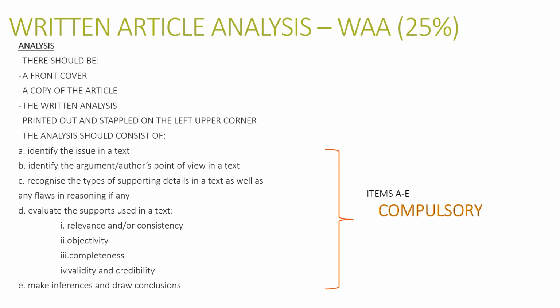These are the 5 components that are compulsory for you to include in your analysis. Items A until E are compulsory. Make sure that when you do your analysis, you have all these 5. I'm not going to explain in detail here because these components will be covered in topic 1 until topic 8, so you have to refer to the lecture notes.